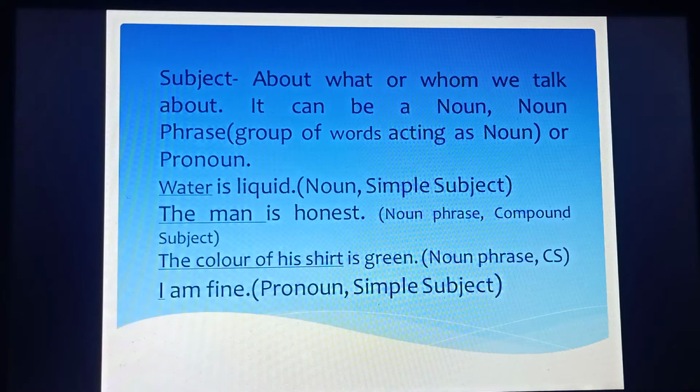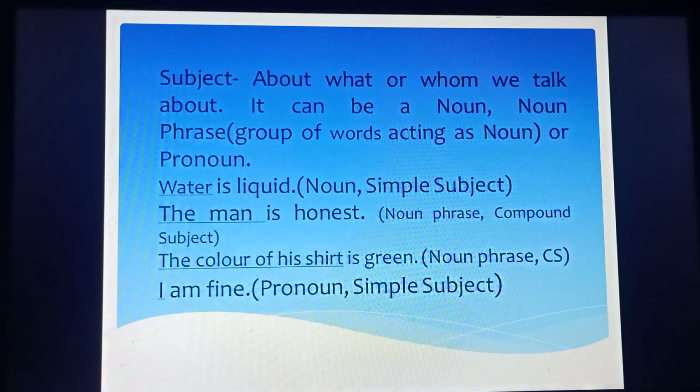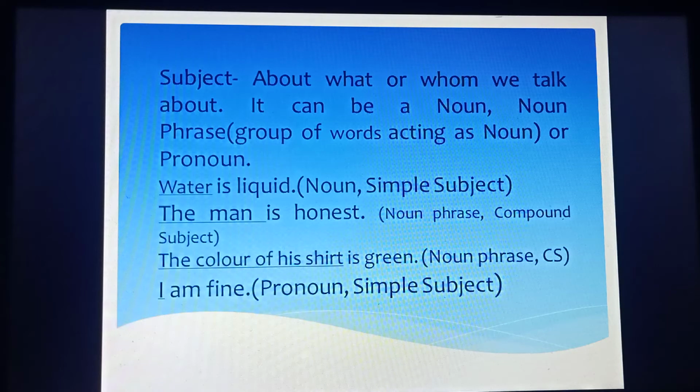Water is liquid, you see. So just one word, and we may call it simple subject. The man, you see two words are there before the verb is. So this is also acting as subject. The color of his shirt, so one, two, three, four, five words are there. So when it is more than one word, we call it noun phrase.